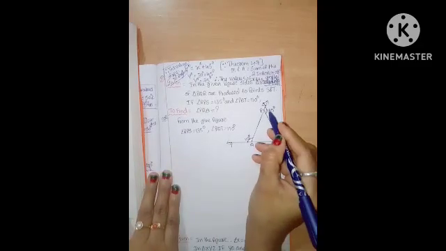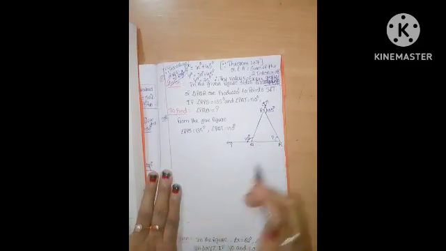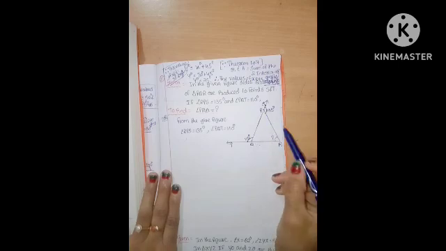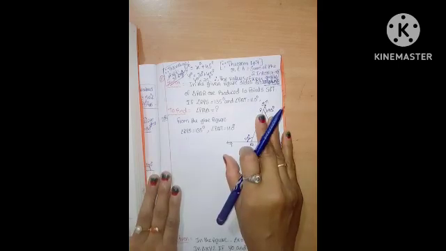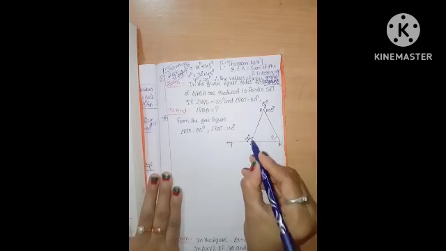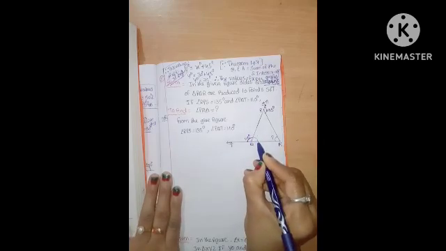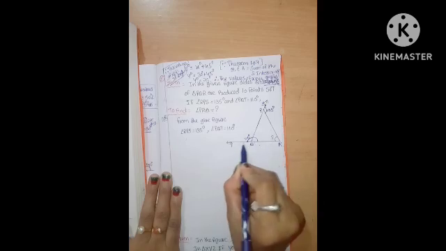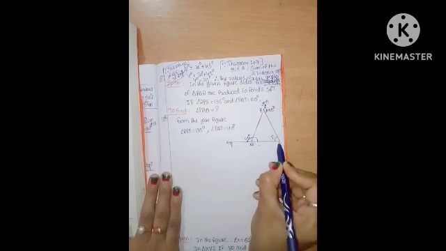The exterior angle is equal to the sum of the two interior angles. This problem has two ways, and today we will learn both. One method: these two form a straight line.